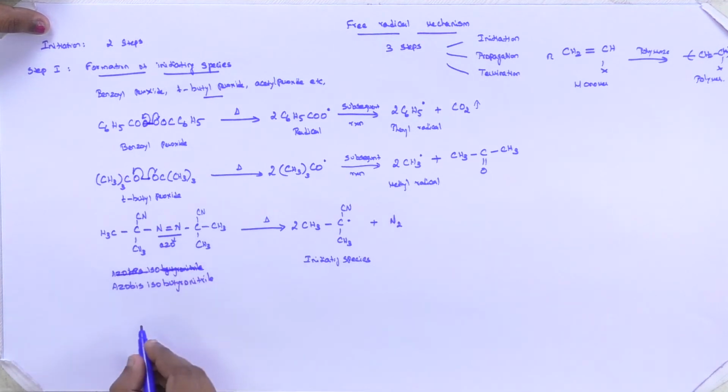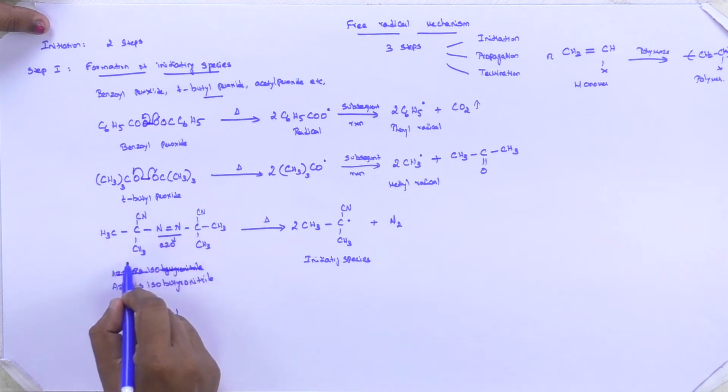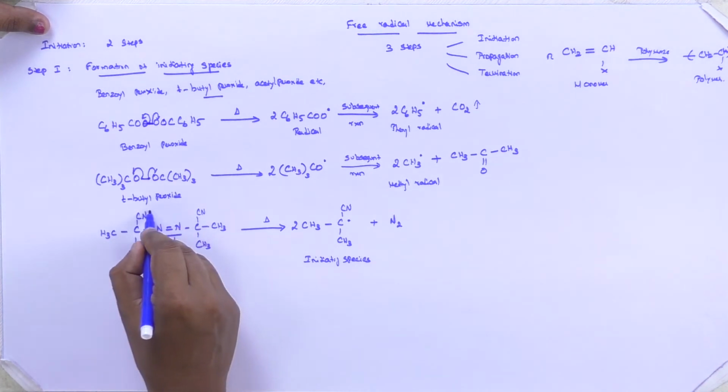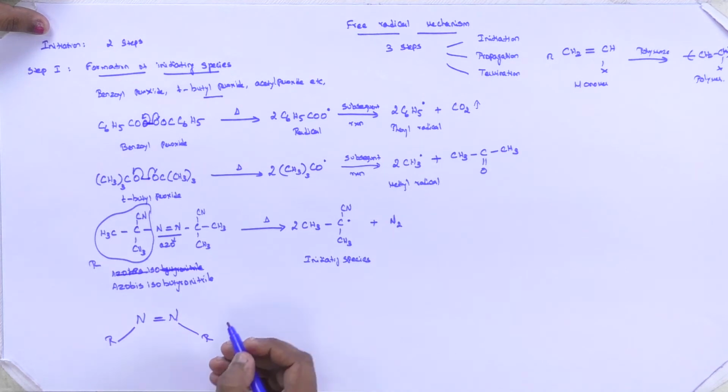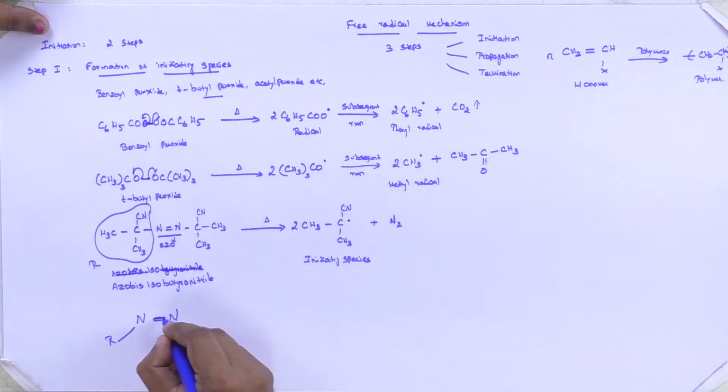I will explain it in a simple manner. You have this azo group here, N=N, and let us take this whole group as R. So, you have an R here and another R here. How do we get this radical?